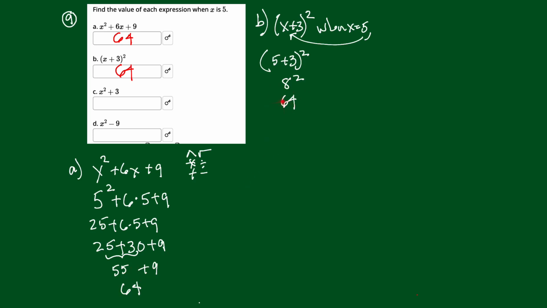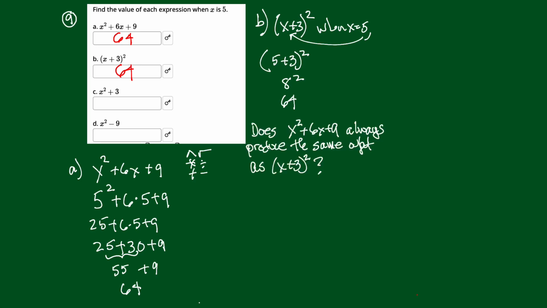All right, so look at these expressions. In part A, it's x squared plus 6x plus 9. That produces 64. And in this case, x plus 3 squared produced 64. So you might think that this expression here is the same as this one, just maybe it looks different. All right, here's what I'm saying. I'll write it down.